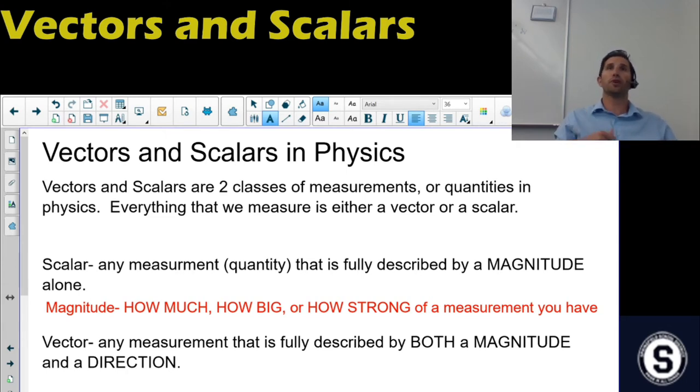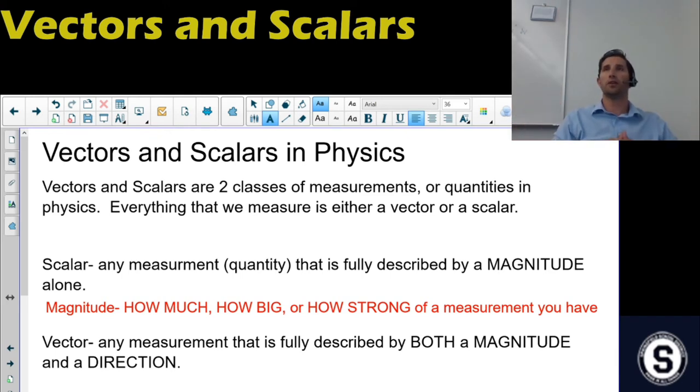For example, a force, and I'll go into a slide in a minute with some more examples, is an example of a vector quantity. The reason for that is force has an amount, how much or how hard do you push or pull, but also what direction do you push or pull? Are you pushing to the right? Are you pulling to the left? Are you lifting an object upwards? Force has a direction, okay?